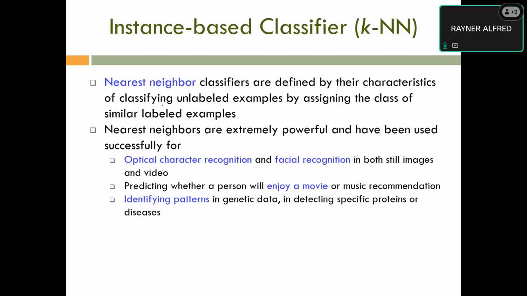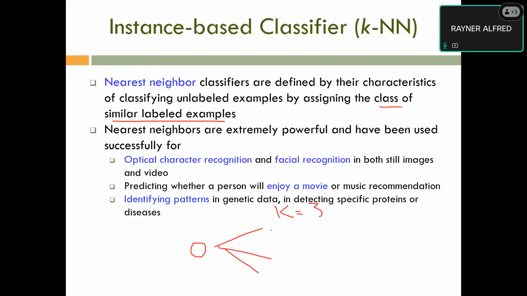So nearest neighbor classifiers are defined by the characteristic of classifying unlabeled examples by assigning the class of similar labeled examples. So if we have a new instance here, then we want to check, let's suppose our K is 3.